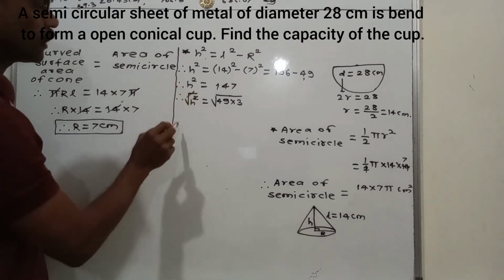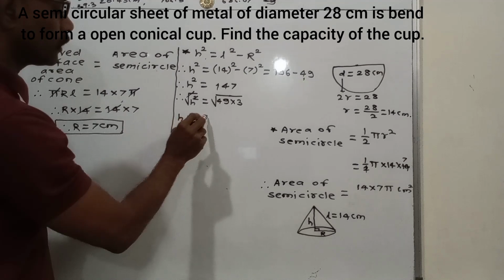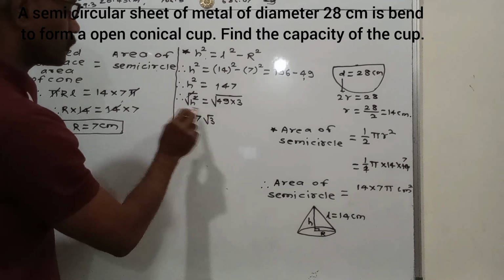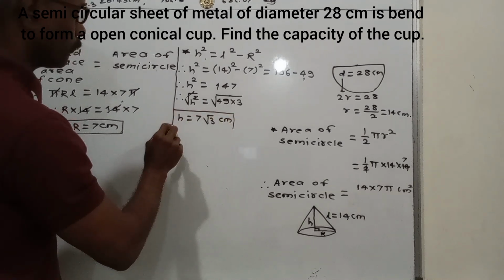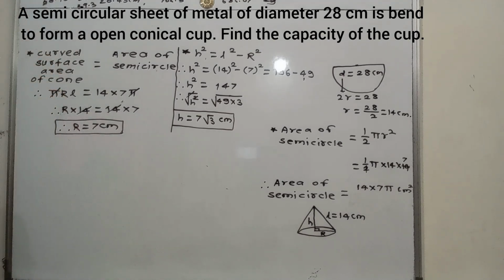Therefore square and square root cancel, and h is equal to 7 root 3 centimeter. This is our first answer, the height of this conical cup.